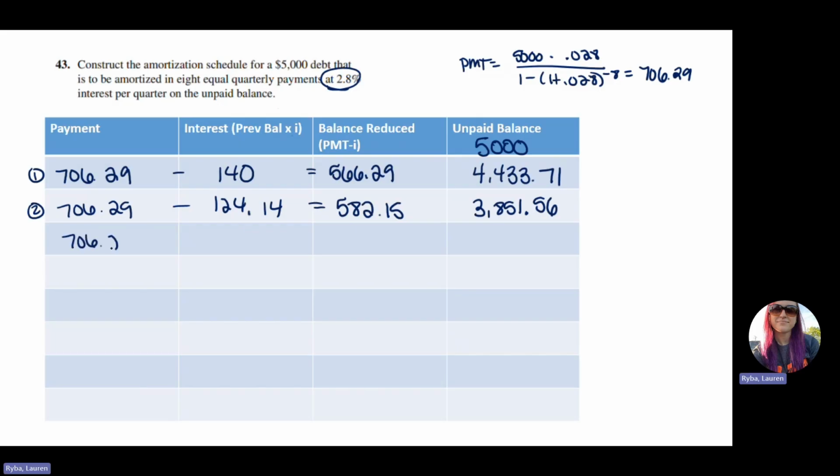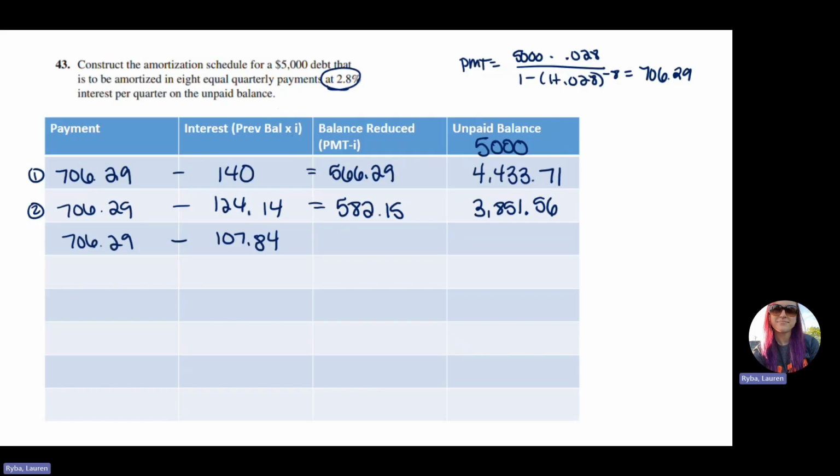Process continues. I pay another $706.29. I need to calculate how much is going towards interest. So I take previous balance, $3,851.56, times by 0.028. This time, $107.84 is going to interest.